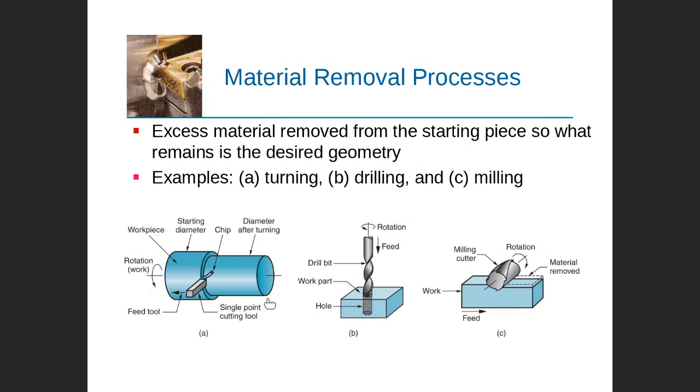Here the workpiece is rotating, and this is a tool, so the tool removes part of the material. Drilling, here we drill, we make a hole. Here, this is milling. We remove part of the material to get a new geometry, or to shape the material. So we call it a material removal process, because we're removing part of the material, right?